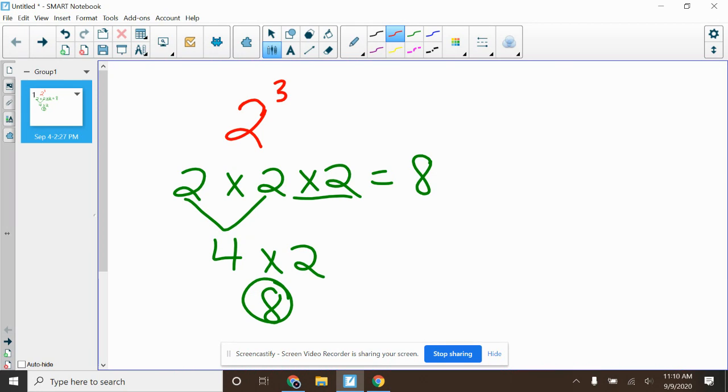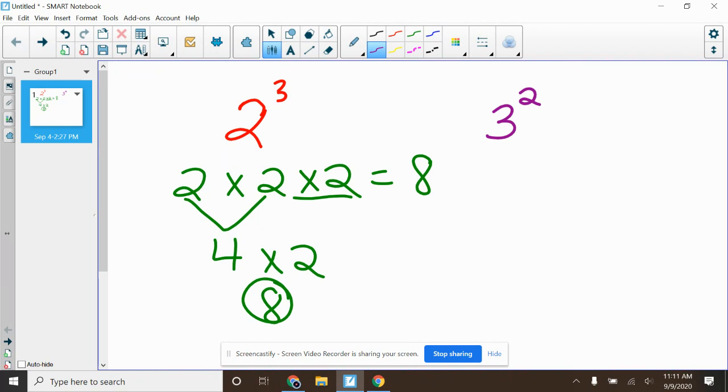So let's do one more practice before we have to break for lunch, okay? What if you had 3 to the 2nd power? That's how I say that, 3 to the 2nd power. So think, what is an exponent? It's when I take my base and I multiply it that many times.